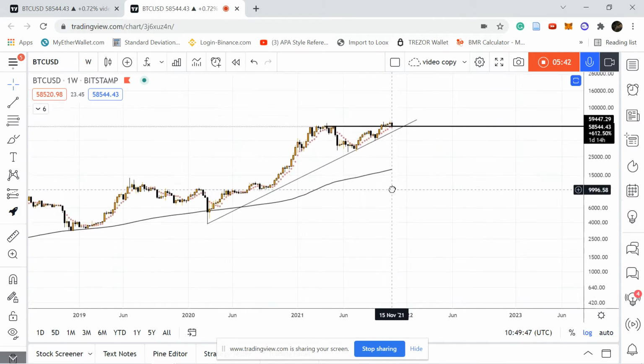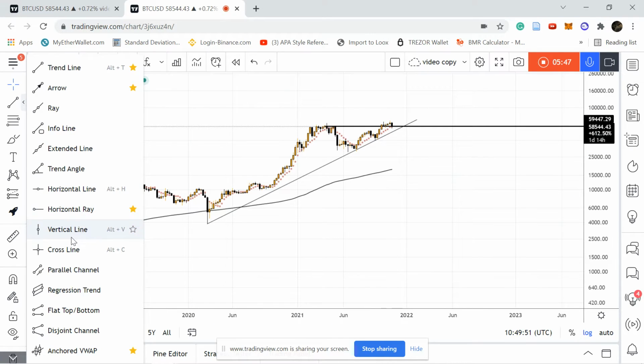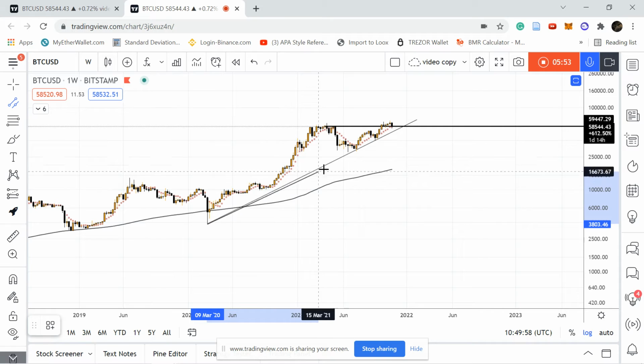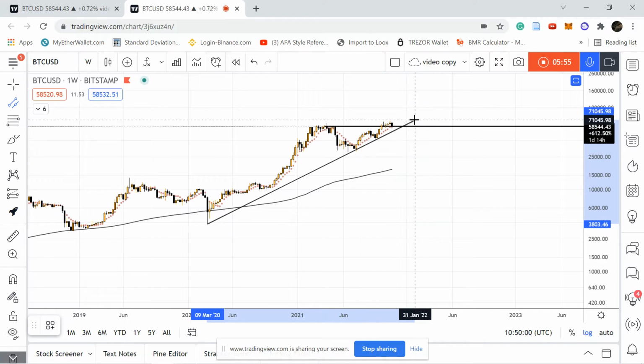Using this technique, we can have a rough idea where the top will come in. When we touch the top of the channel, that's probably the top of the move setting in.